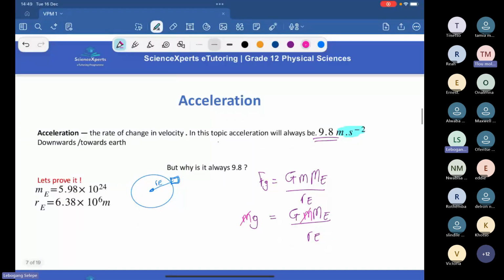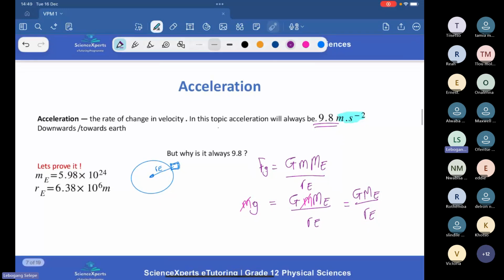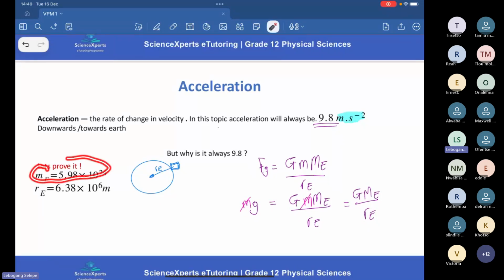Then we would have that g, or gravitational acceleration, is equal to capital G Me over Re squared, the radius of the Earth. Here is the mass of the Earth in kilograms.